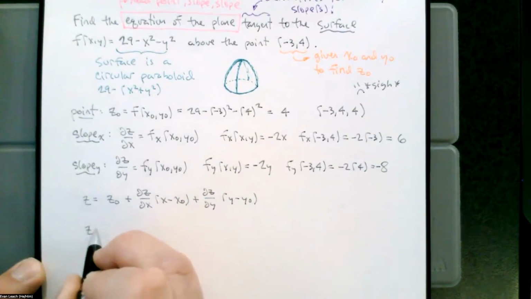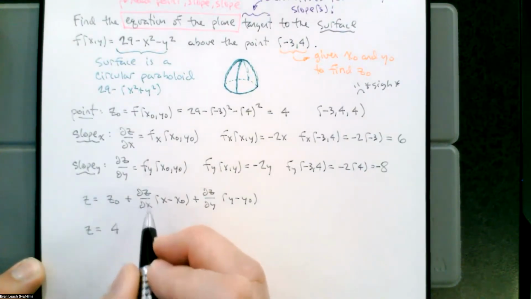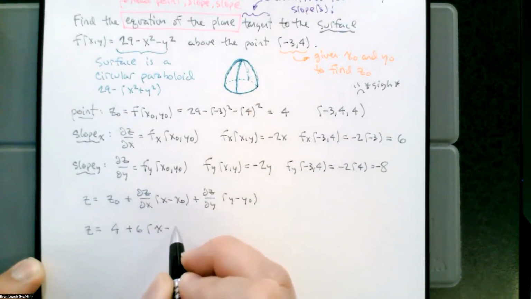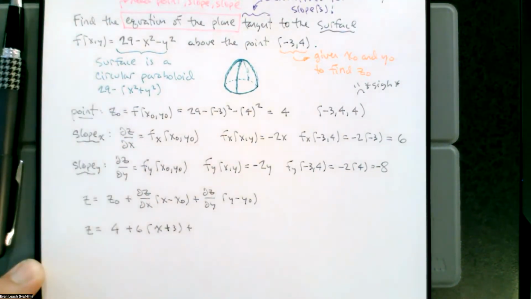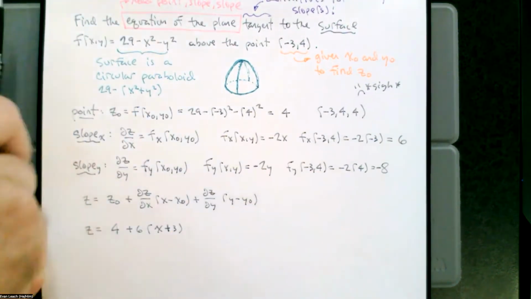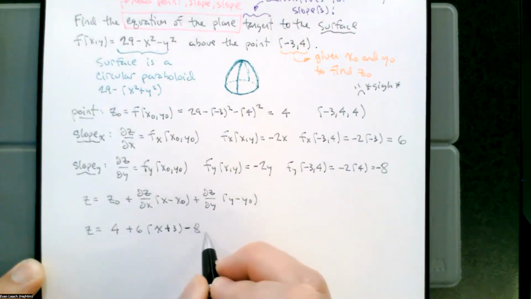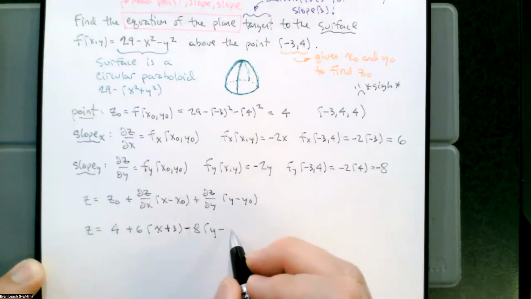So our equation will be z equals z naught, 4, plus dz dx times x minus x naught, negative 3, plus a negative 8 times y minus y naught, which is positive 4.